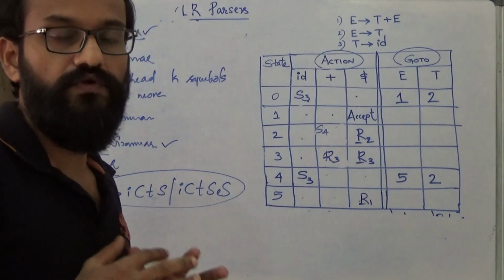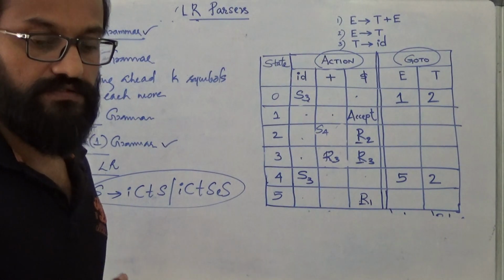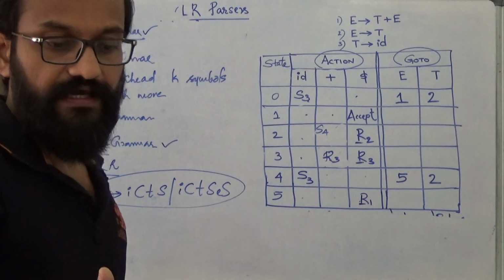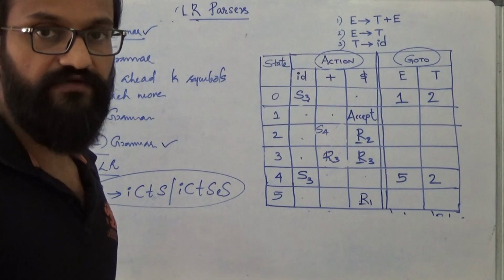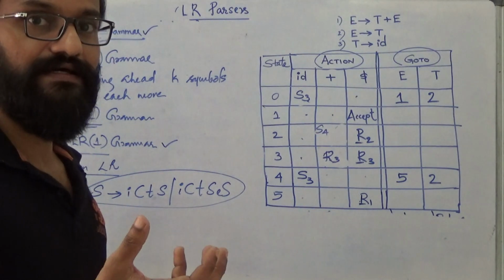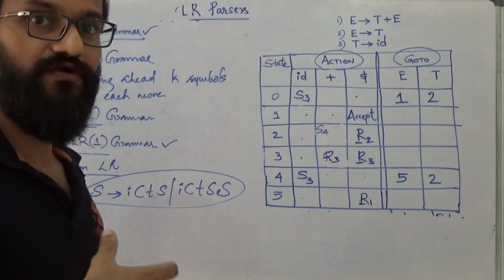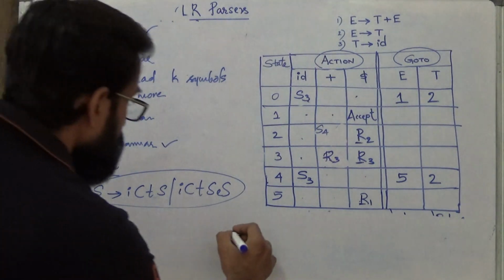So no ambiguous grammar is LR. If you are having an ambiguous grammar, you can conclude that that grammar is not LR. Again, if you are given an unambiguous grammar, that grammar could be either LR or non-LR. That's it.